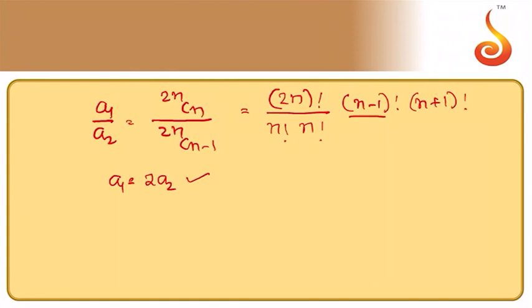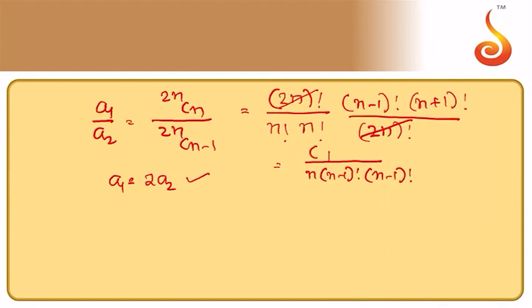The simple one, you all know: 2n factorial divided by n factorial into n factorial, and this will give you n minus 1 factorial, 2n minus n plus 1 will give you n plus 1 factorial, divided by 2n factorial. So these two will cancel. This can be written as n into n minus 1 factorial into n minus 1 factorial, and this will give you n minus 1 factorial into n plus 1 factorial.